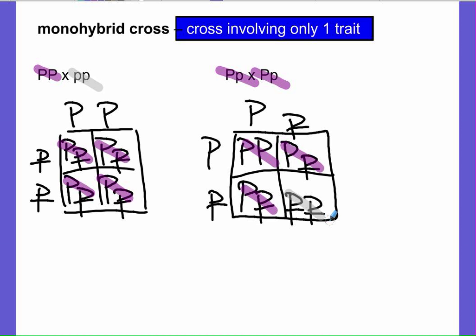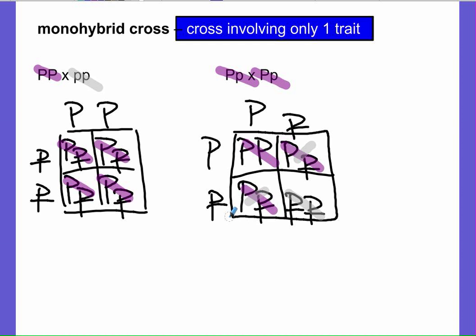So there's 3 purple and 1 white, but there were 2 different ways that you could be purple. You could either be homozygous dominant, like this first one here, or you could be heterozygous, like the other 2. Maybe I shouldn't put that white mark there. Maybe I should put it in here, because those actually are carrying that white trait, right?